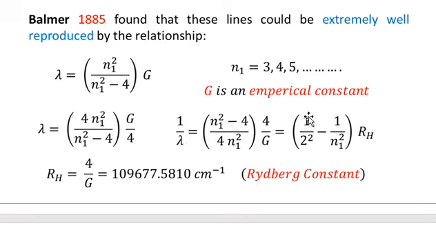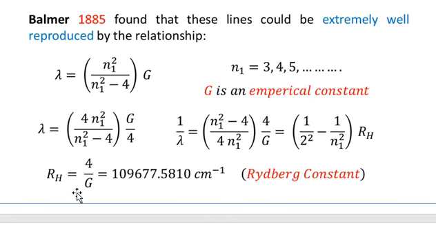So 1 over lambda is equal to RH times (1 over 2 square minus 1 over n1 square), which is the present form of the Balmer formula in terms of the Rydberg constant. The value of the Rydberg constant, 4 divided by G, is 109677.5810 centimeter inverse.